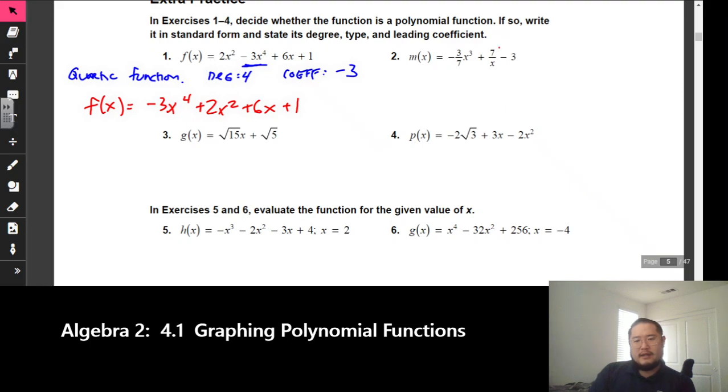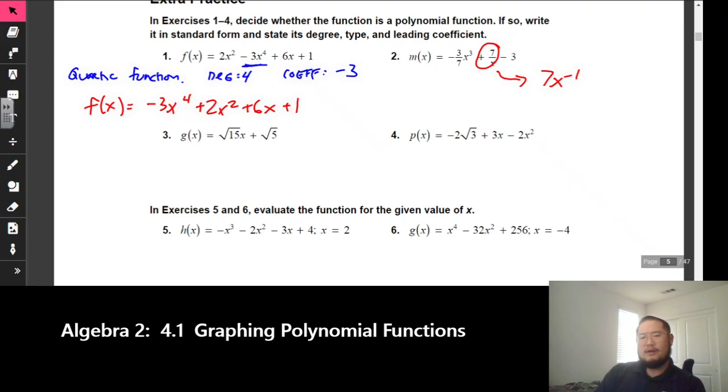If you take a look at this 7 over x, if I rewrite this, it's 7x to the negative first power. If we don't want negative exponents, they put it down below. They try to trick you there. So remember, one of the things I just mentioned is that there are no negative exponents for it to be a polynomial function.